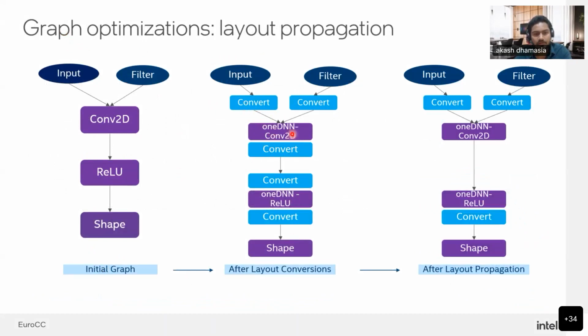But with efficient layout propagation, if you are running your application in the background, you don't need to do this conversion here. You only need to convert when you are actually interacting with the user. So at the end, it does the conversion. It doesn't do any conversion in between. So this is efficient layout propagation, and this is one example where oneDNN actually understands this and does it for you automatically.